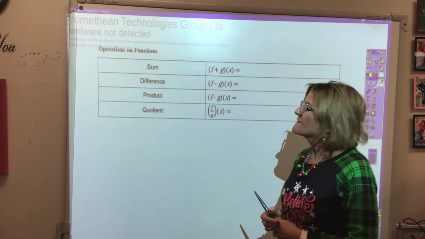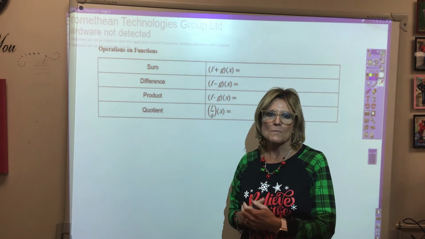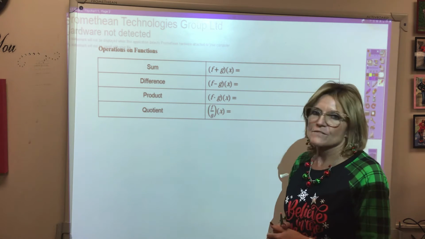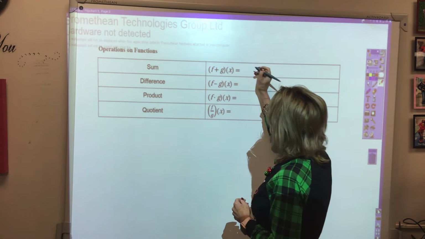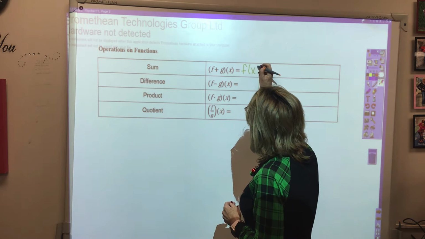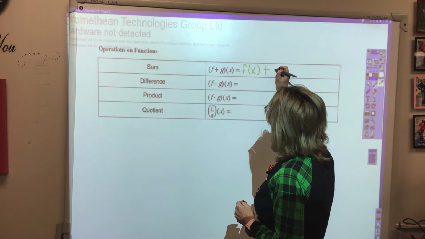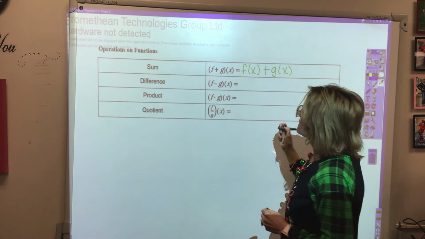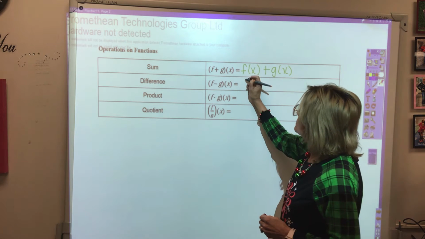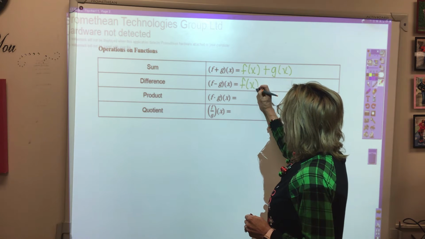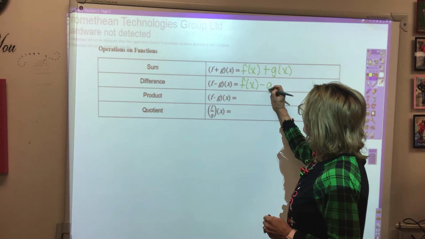Okay, so we're going to define what the operations of functions look like. If it is a sum of two functions, then you simply take the functions f of x and g of x and add them together. If it's the difference of functions, you would take f of x minus g of x.